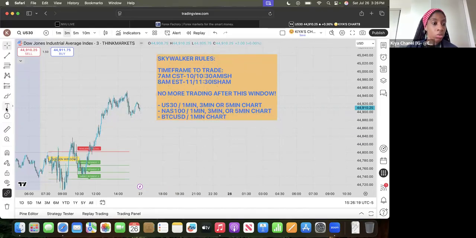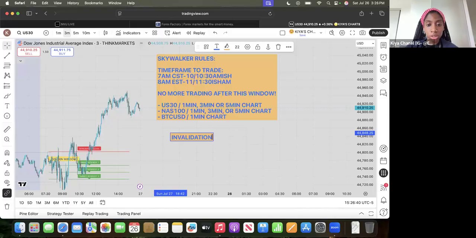Okay. Now, the next thing that I want to talk about is that we see that we have an invalidation zone. That's the red line. So the invalidation zone, y'all, is basically your stop loss. I'll put it equals your stop loss.